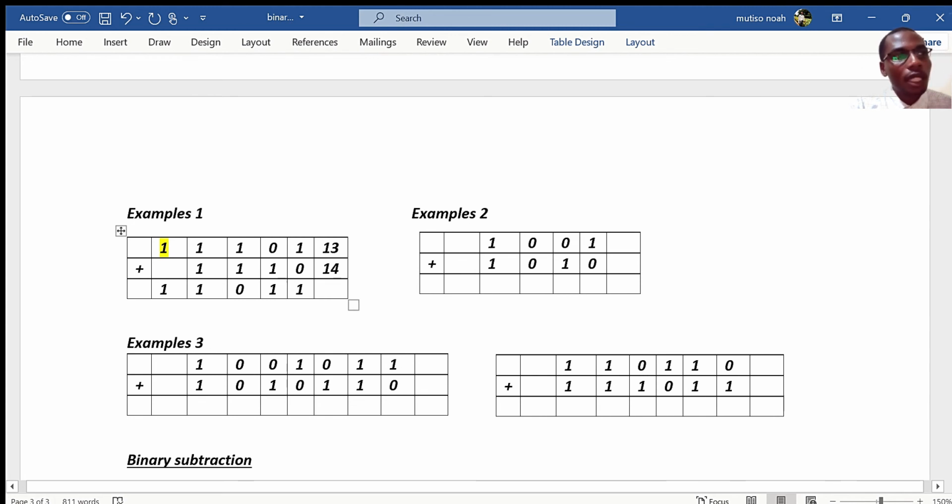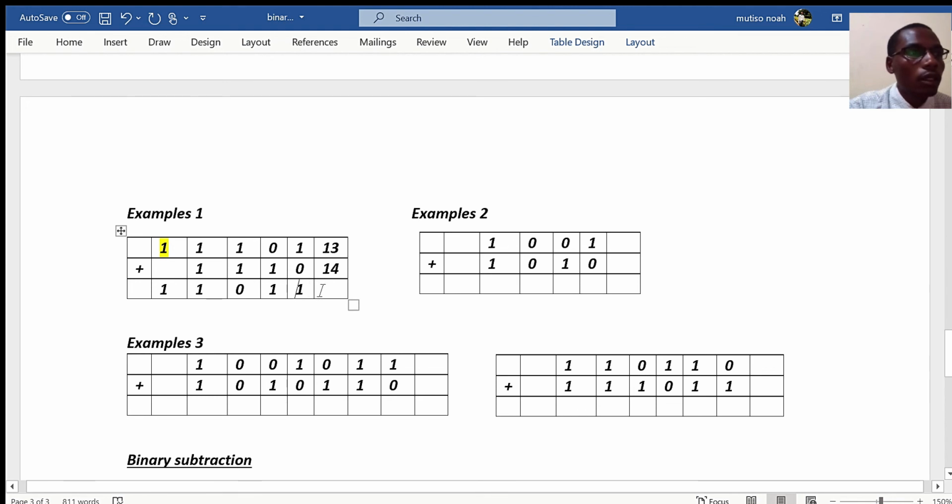When you add that number to the other number, you can confirm it by adding 13 plus 14 and then also converting this one to a decimal number. Let us convert together.